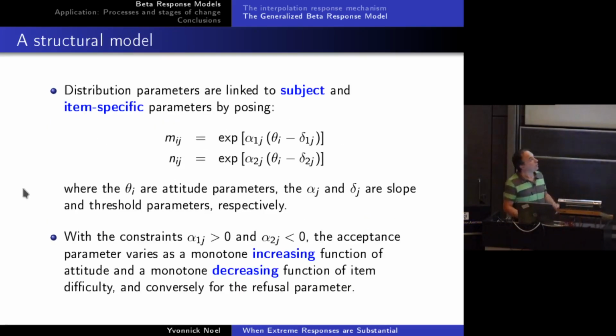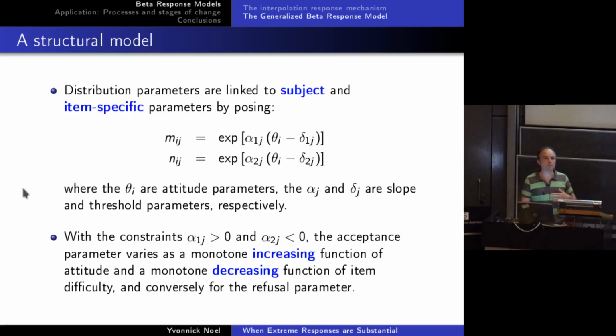Now, we want to connect this hypothetical distribution to what could be called structural parameters, namely subject and item parameters. One simple way to do so is to express m and n as, respectively, an increasing and a decreasing function of theta, if I call theta some kind of attitude parameter on a latent continuum.